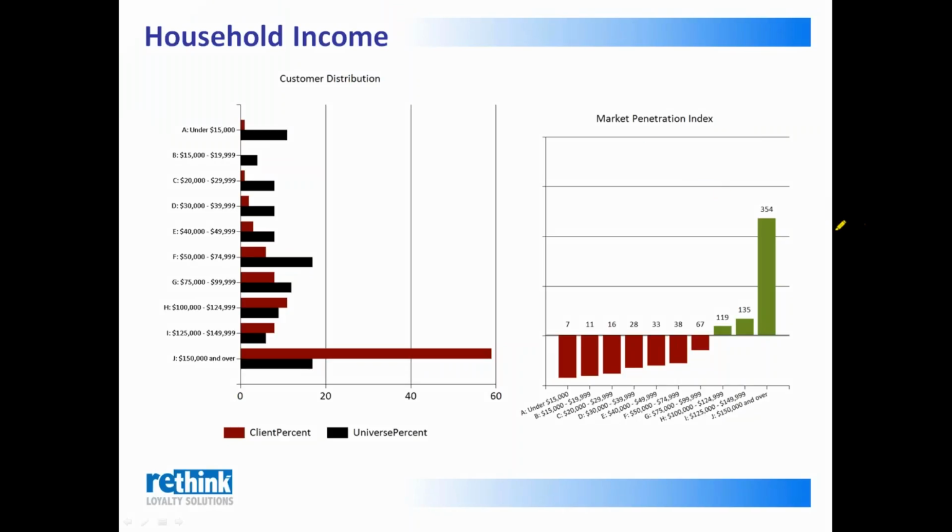It costs a lot to live in Laguna Niguel, but even still, the geography of the reference universe is sufficiently broad that we're seeing an index of 354, meaning, in layman's terms, customers of Pacific Park Animal Hospital are 3.5 times more likely than average to be in the highest income range of 150,000.